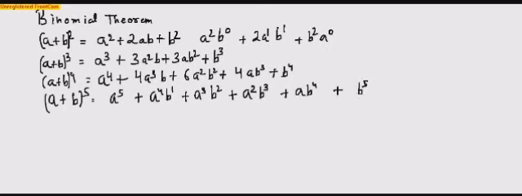What you still don't know is the coefficients. For example, here it was 1, 4, 6, 4, 1. Here it was 1, 3, 3, 1. Here it was 1, 2, 1. But we don't actually know the coefficients of these terms. So there comes our second part.